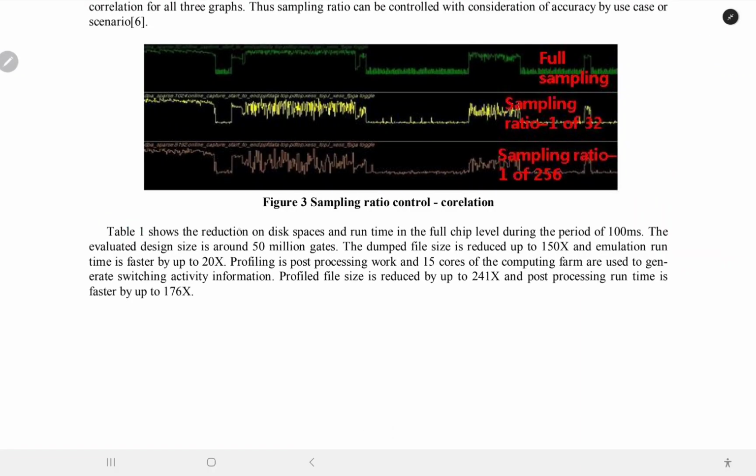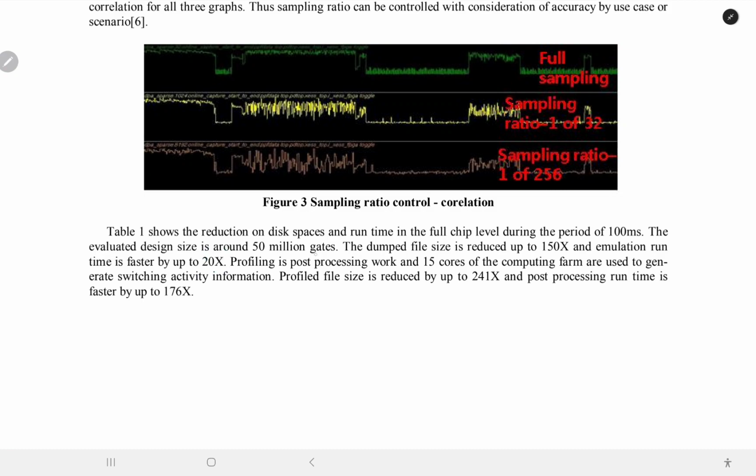Table 1 shows the reduction of on-disk space and runtime at full chip level during the period of 100 milliseconds. The evaluated design size is around 50 billion gates. The dump file size is reduced up to 150 times, and emulation runtime is faster by up to 20 times.